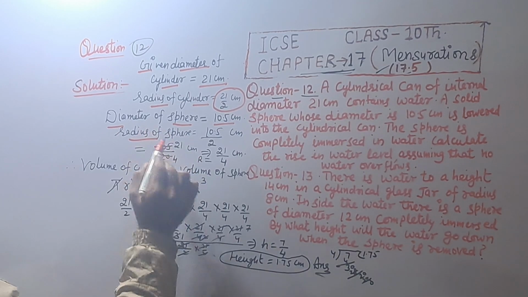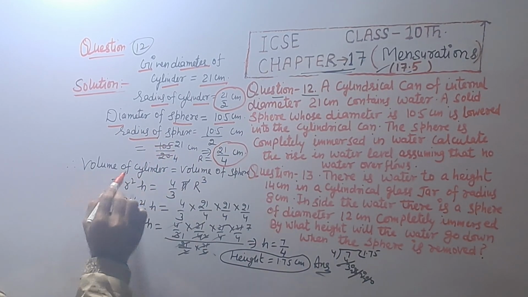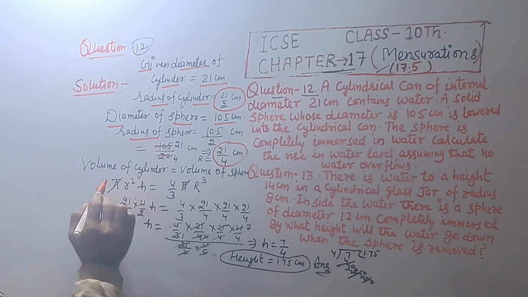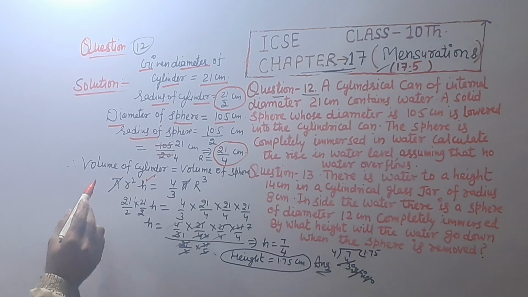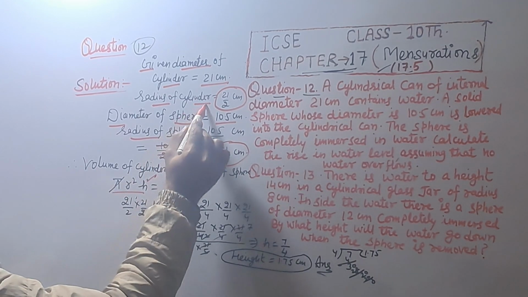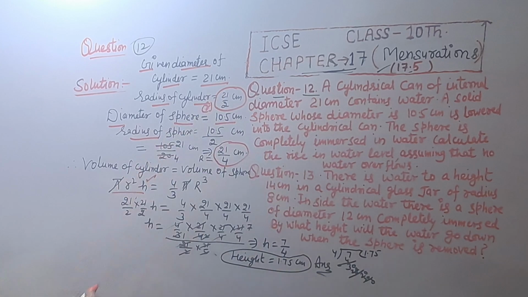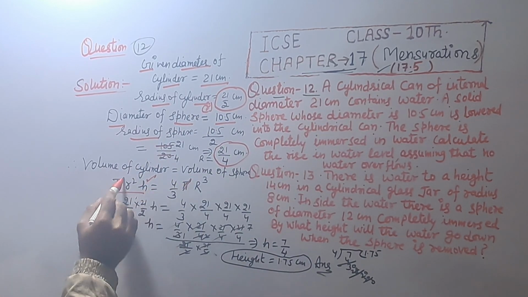So radius of sphere equal to 21 upon 4 centimeter. We find the height of cylinder. Let h be the height of cylinder. So volume of cylinder is pi r square h.